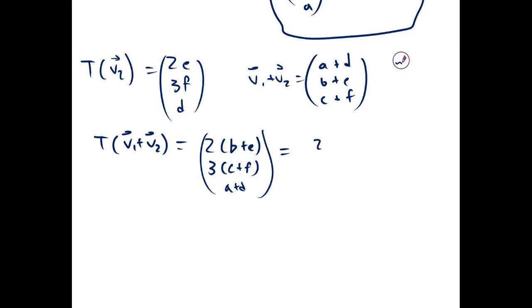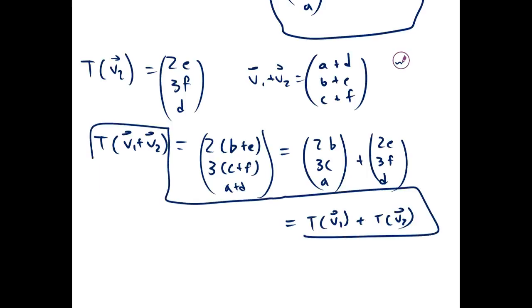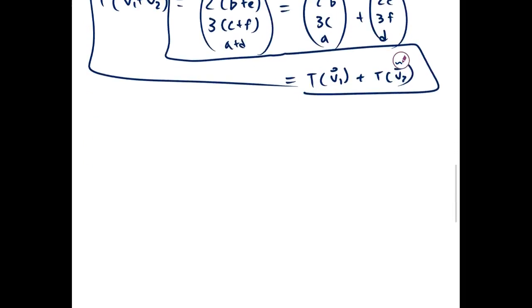Which equals 2b, 3c, a plus 2e, 3f, and d, which turns out to be T of v1 plus T of v2. Since these are equal to each other, this is a linear transformation.